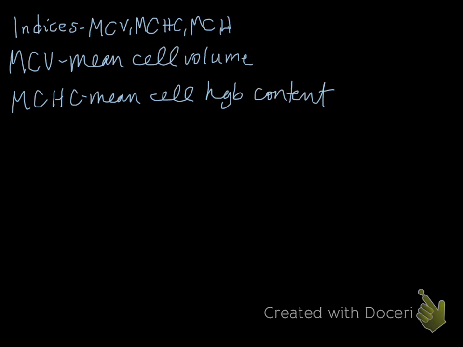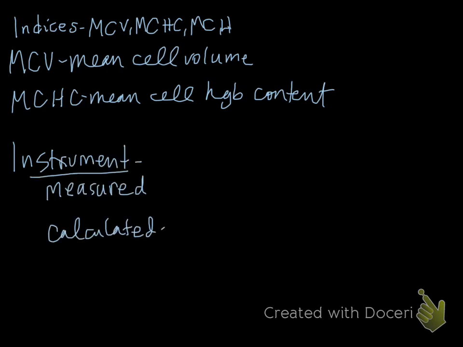So if you do a CBC on a hematology instrument, some measures are going to be measured and some of the analytes are actually going to be calculated. What is measured, meaning directly measured by the instrument, is what we talked about before: our red cell count in millions, our hemoglobin concentration, as well as our MCV.